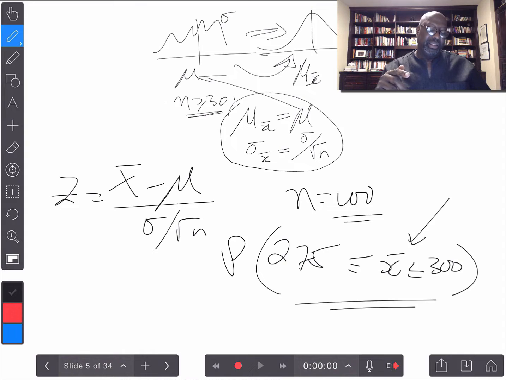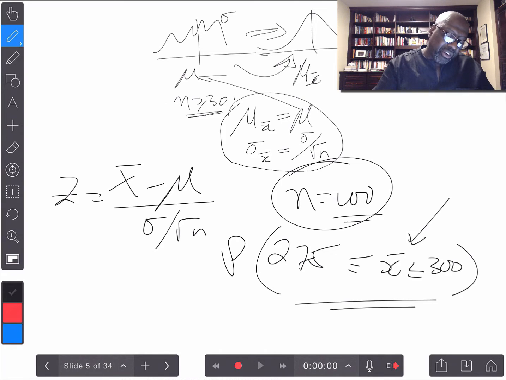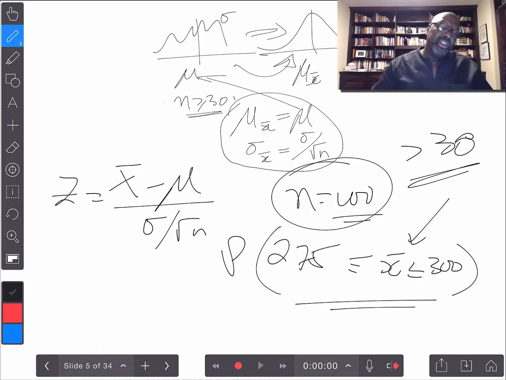So the first case, I am just dealing with the normal distribution of the population. Second case, I am dealing with the sampling distribution, which happens to be normal, because 100 is greater than 30. So I would satisfy the condition that the sample size is sufficiently large. Good. So that's what I want to do to introduce you to the sampling distribution of the sample mean.